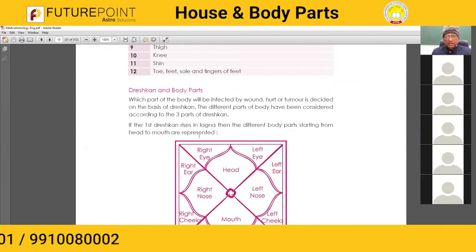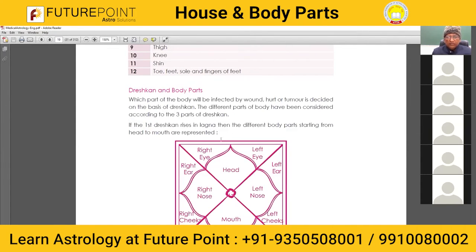So the whole face is divided into 12 parts, and the right side is the left part, and the left part is the right part. It is just the opposite. You can remember it this way.